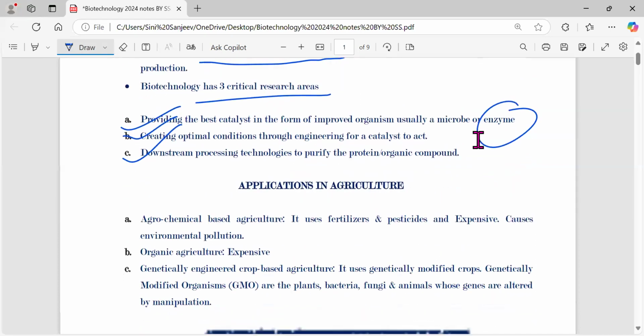So the first one is the agricultural field. Usually the farmers, when they grow crops, use fertilizers, pesticides, and many things, but they are comparatively expensive. Even if they use pesticides or insecticides to kill the insects or to keep the weeds from growing back, there is still more than an 80% chance that they will come back again.